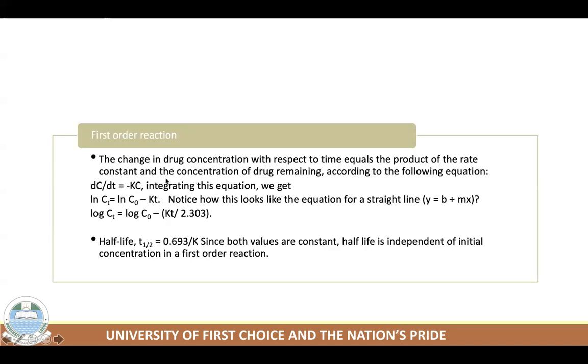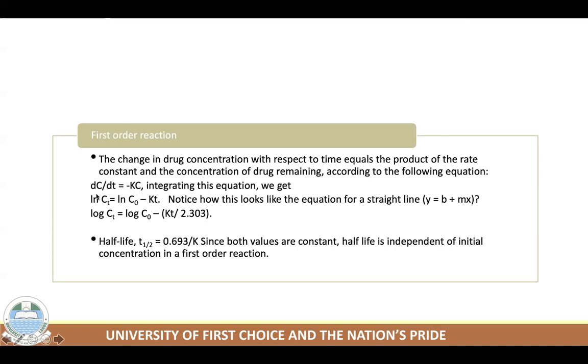Now, this is different in a first order reaction. You know that in a first order reaction, the concentration term will be raised to the power of 1, right? So the change in concentration over time will be equal to minus K times the concentration of the drug at the first instance.